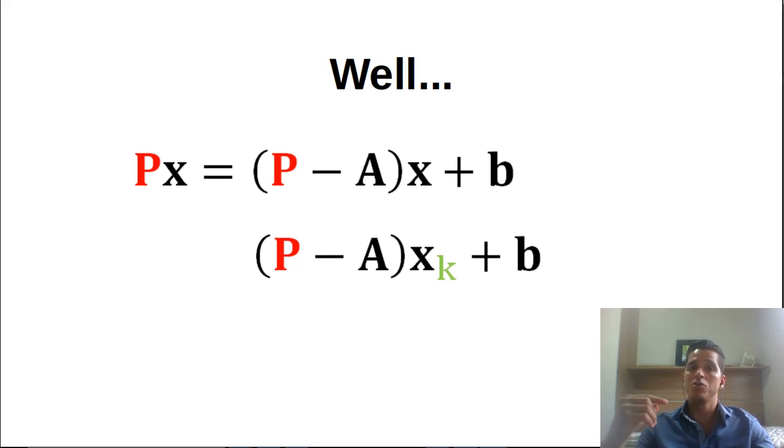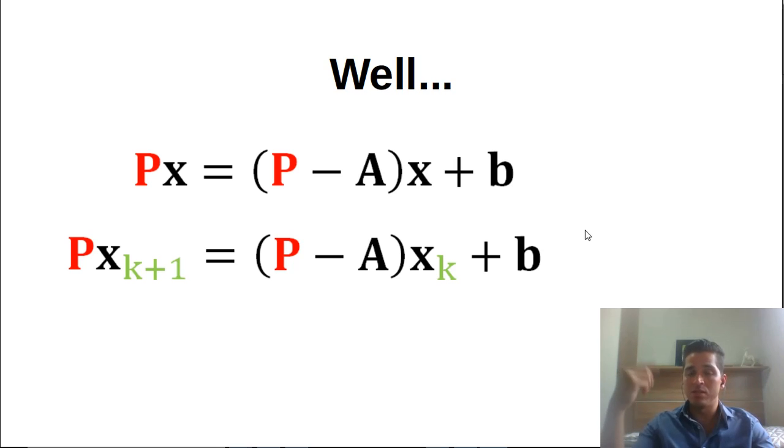From this first choice, I can choose the next x, x(k+1). That is the next choice for x. So I'm just starting with a general x0, that I suppose is close to x somehow. But I will really know that x1 and x2 are closer to the x from Ax equals b than x0, for example.